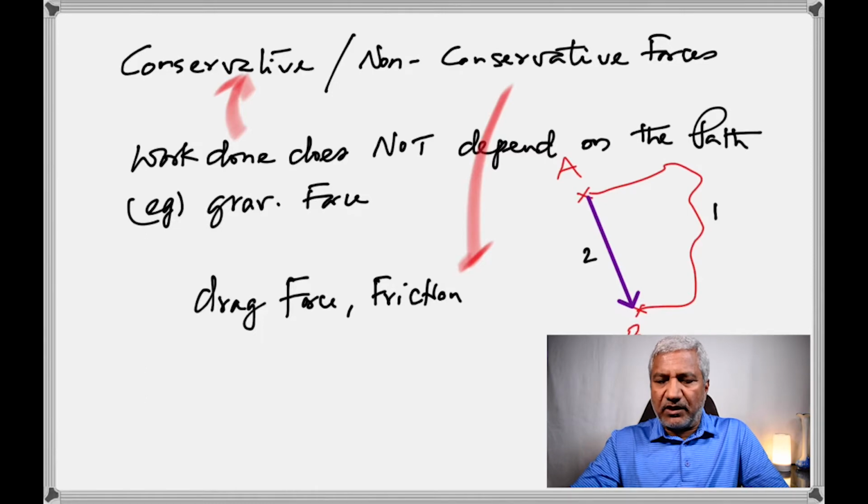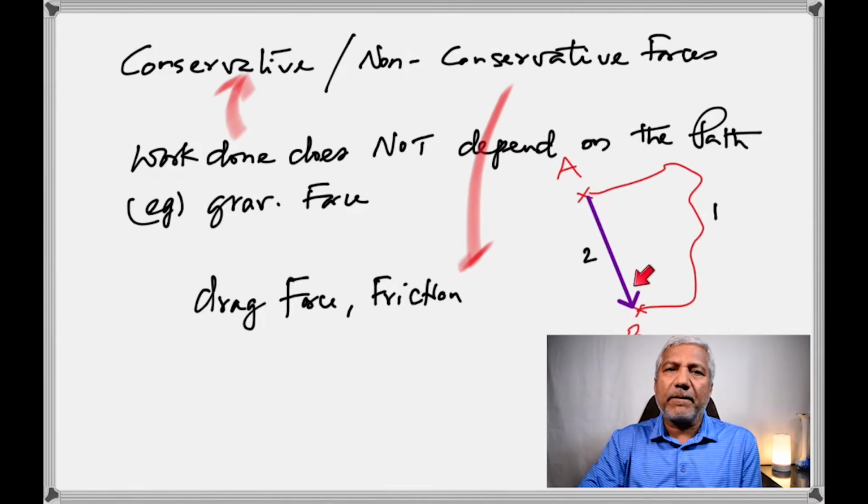So as you see in the diagram, when you go from A to B, you can go straight from A to B directly, or you could go along this path that I've shown, which is path 1. If the work done along path 1 and path 2 are the same, then it's a conservative force.